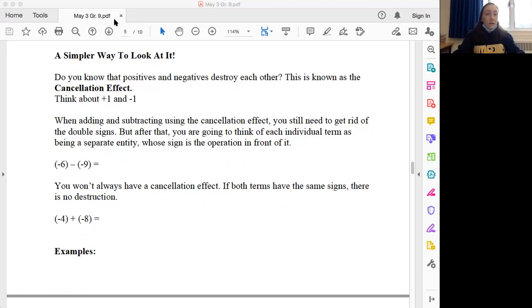Okay, so if we look at our first example here, -6 minus -9 is going to become -6 plus 9. So let's say I owed Connor $6 and I have $9. How much am I going to have after I pay him off? I would have $3 after.